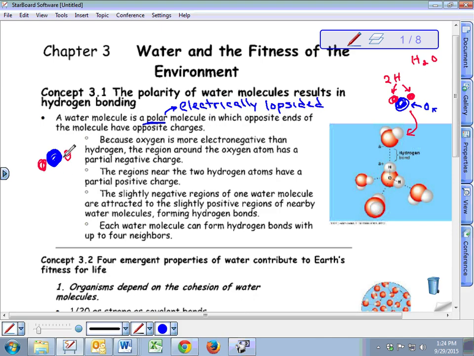But it doesn't fit that way. This is not the way it is. Instead, you've got two hydrogens sticking off at like a 45-degree angle up off the top, and nothing sticking off down in the bottom. So that means you've got more hydrogen on one side of the molecule and more oxygen on the other side.